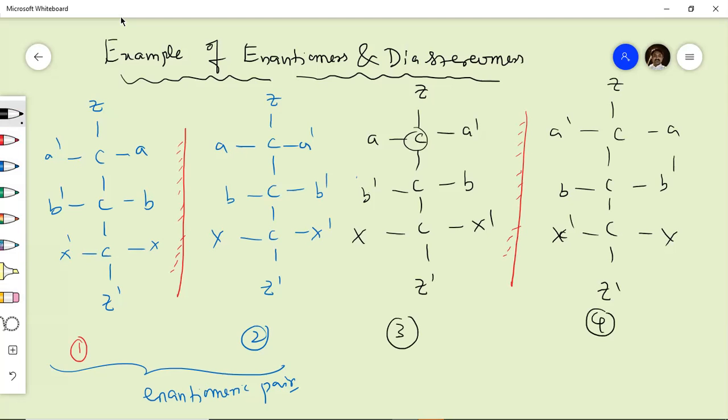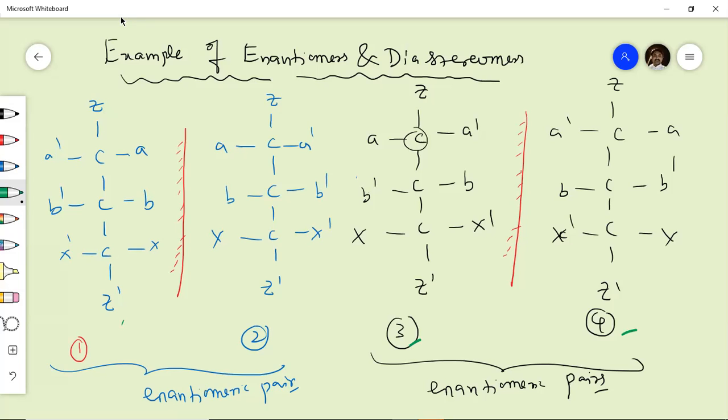If you observe, they are also enantiomeric pairs, non-superimposable mirror images. The structure of all four figures is the same, but the spatial arrangement of groups differs in the first and second diagrams. That's why they are enantiomeric. Similarly, the third one and fourth one are enantiomeric.